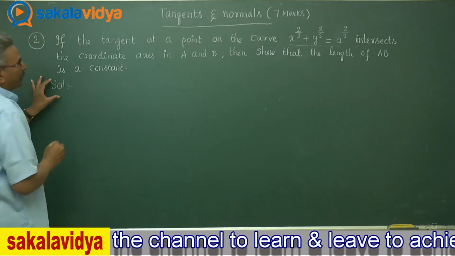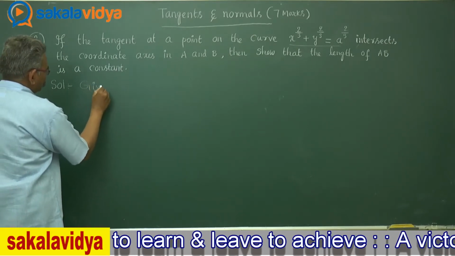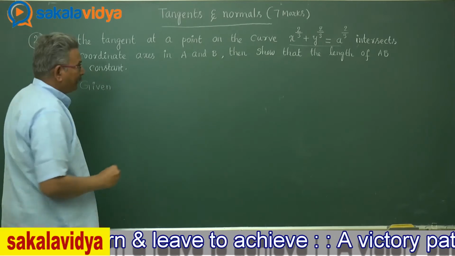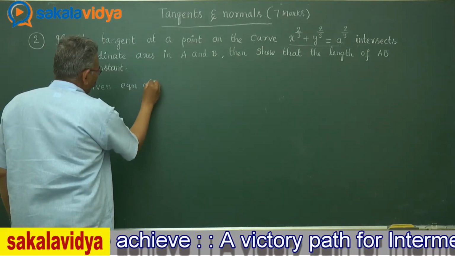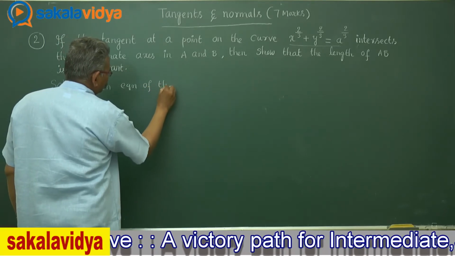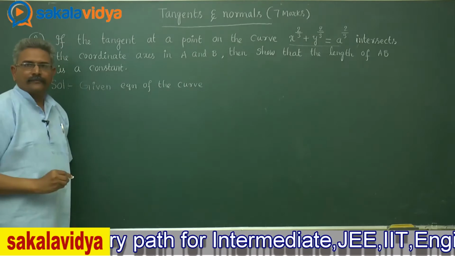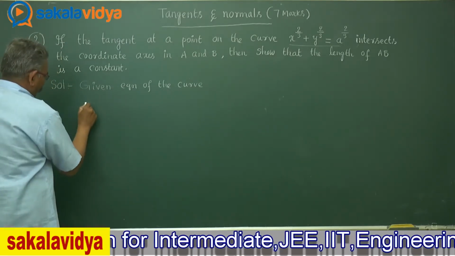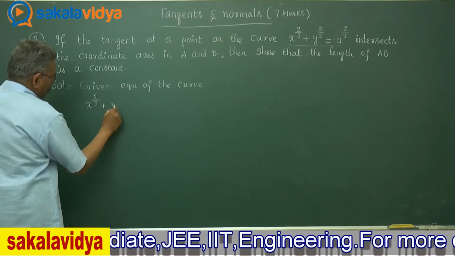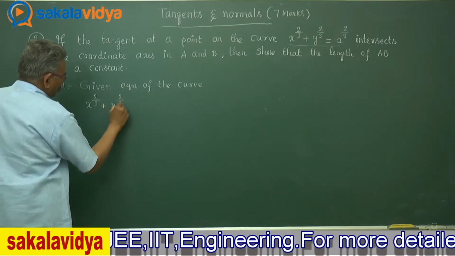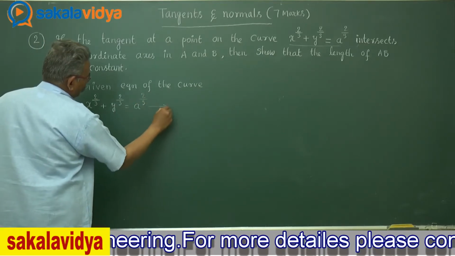Solution. Given equation of the curve x^(2/3) + y^(2/3) = a^(2/3), say equation 1.